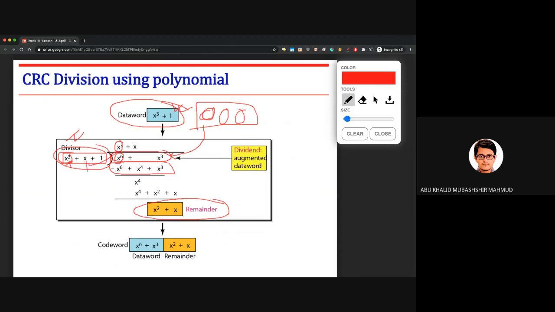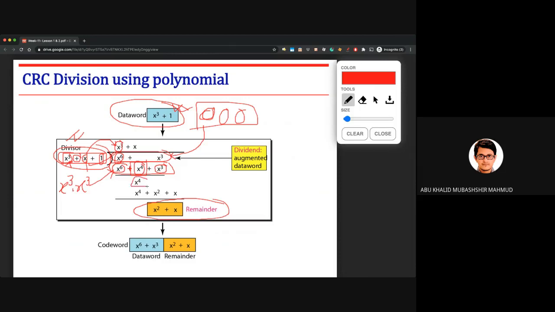X to the power 6 comes from x cube times x cube. It is basic algebra, I think you know. Then we put the plus sign here, and we multiply this x with x cube and get x to the power 4. If we multiply 1 with x cube, we get x cube. When we subtract, we get only this x to the power 4.